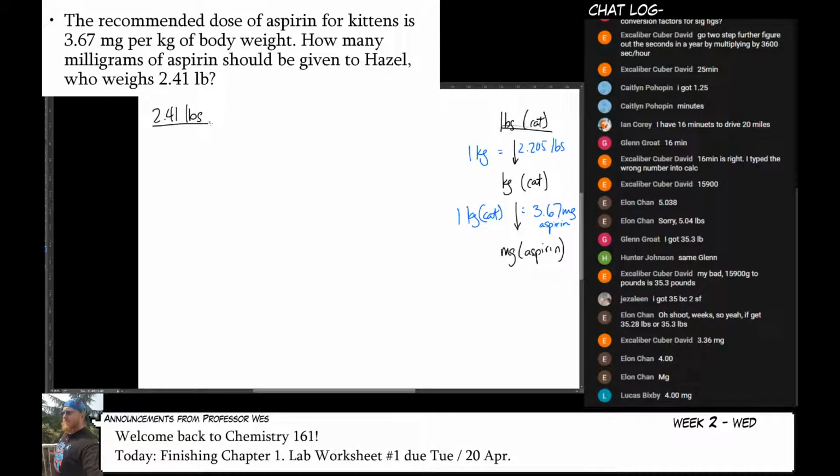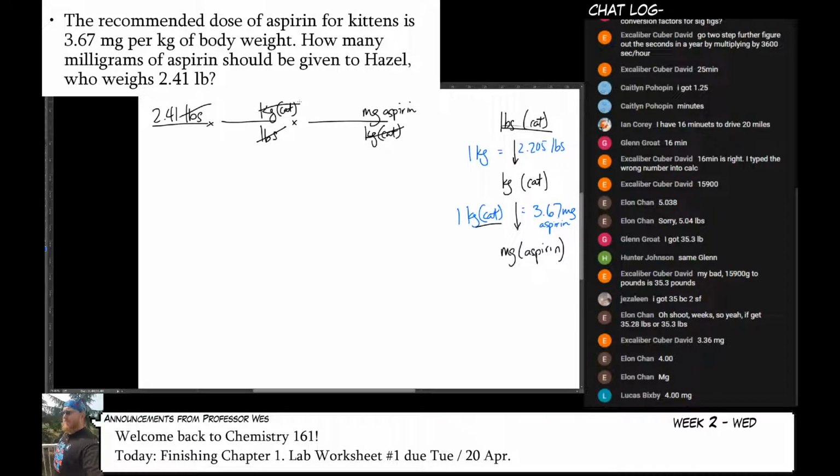So let's do the units first, and then we'll do the numbers. So we'll do pounds of cat to kilograms of cat. And if you aren't sure, you could always just write cat after this, just to keep your information organized. And then for kilograms cat, we can convert that into milligrams of aspirin.